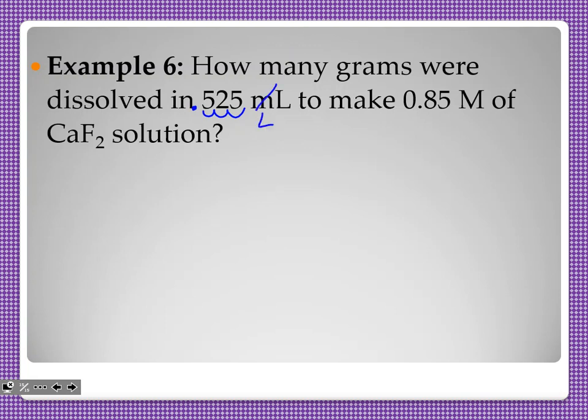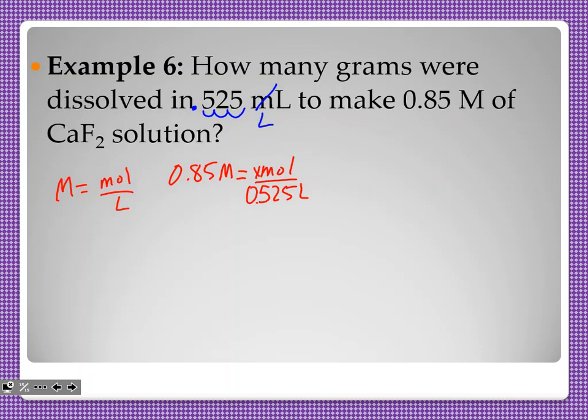Good, let's do that. Now, formula way. That's fine, we can do it this way to start off with. But maybe I will sell you on doing it dimensional analysis. X moles over liters. Now that's going to calculate moles, but you don't want to round here.